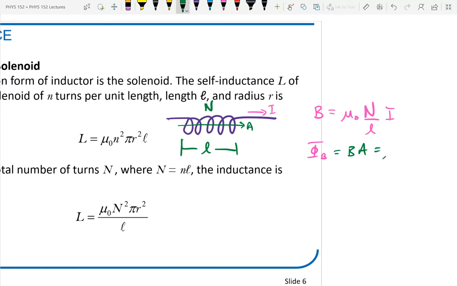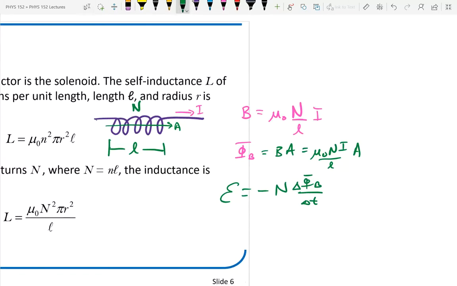Hence, mu naught N I over l times area. And then using Faraday's law, the induced EMF is minus N change in magnetic flux over change in time, bringing out all of the constants.